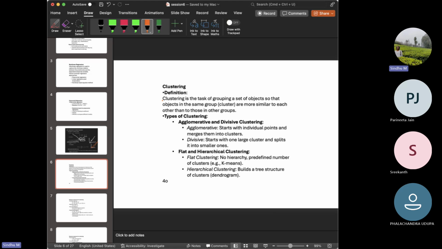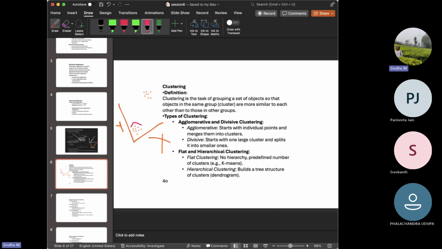This can also be done for data points X and Y based on how similar they are. For example, if you have a graph of X versus Y, some of the data points are low in X and low in Y, and then you have another group which are high in X and high in Y. So you can divide them into two clusters.